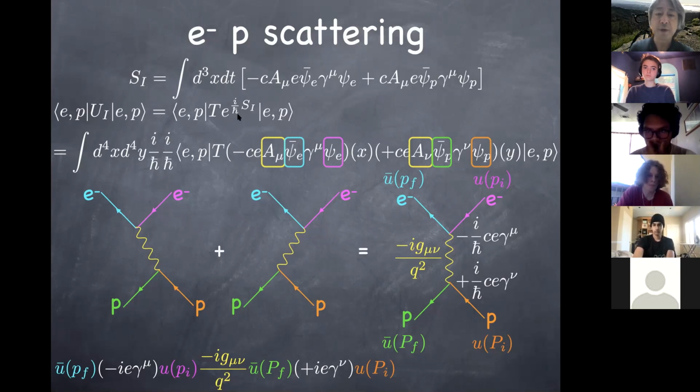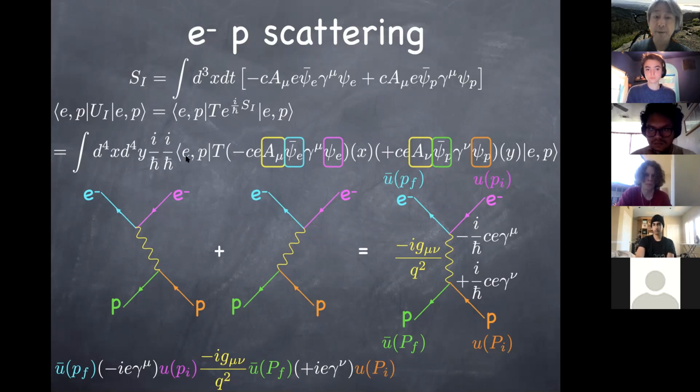Or maybe what you're talking about is, okay, from this expression of the exponential of the interaction Hamiltonian to the next line with this interaction Hamiltonian inserted in the matrix element, you're completely right. It starts with 1. So you have to compute a matrix element of 1.